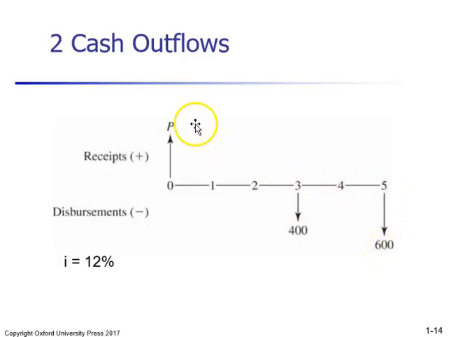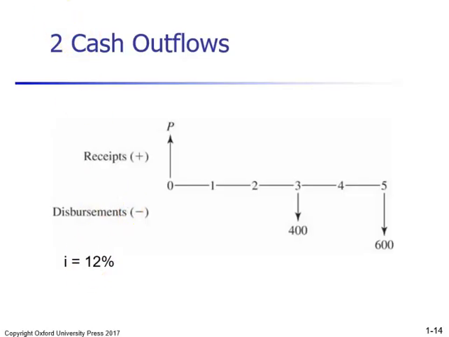Now it is asking you for the present value of these things. For example, if you are ready to have such a repayment plan, how much they can give you if the interest rate is 12%. So you see, now you can look at it from another angle. It's interesting.